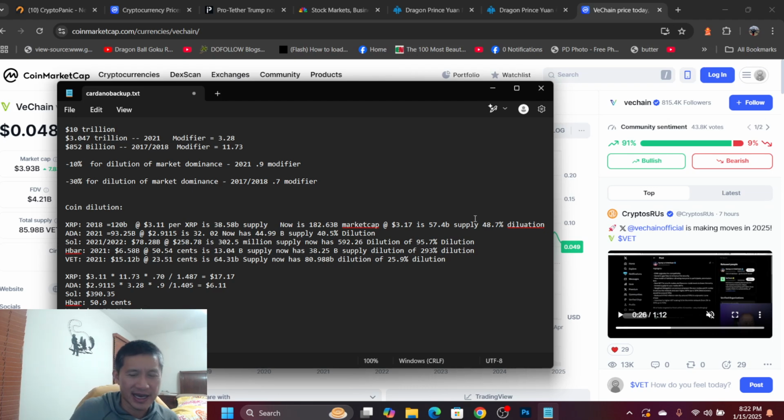Now, XRP's, like I said, is not quite as accurate as the others because I'm having to go much further back in time. And this particular calculation assumes that XRP, like all the other coins, achieved an all-time high in 2021 and kept on going higher to achieve the one that we're going to calculate now.